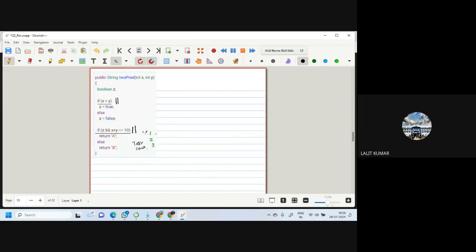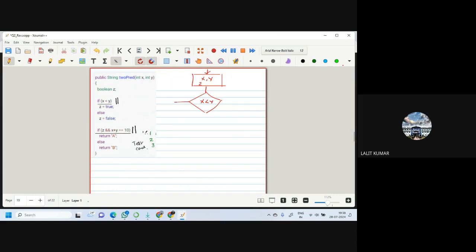What I advise all of you, and what I generally do, is make some kind of graph to understand what is happening in this code. We get x, y. There is a boolean z. Here is a condition, x is less than y.